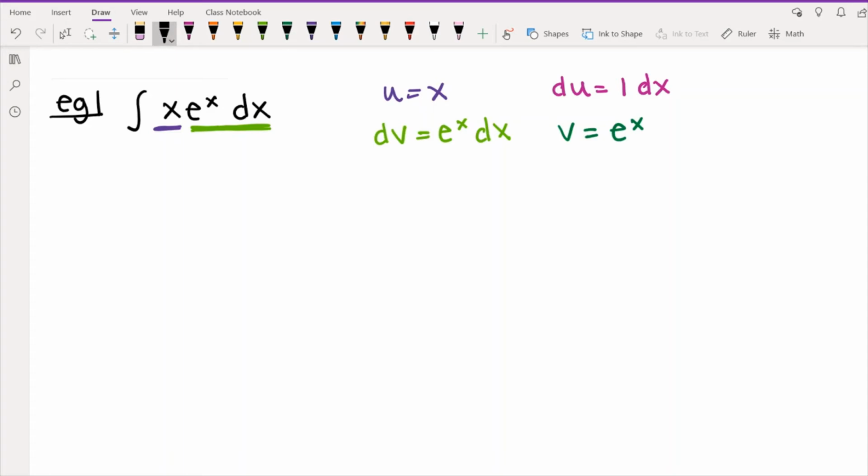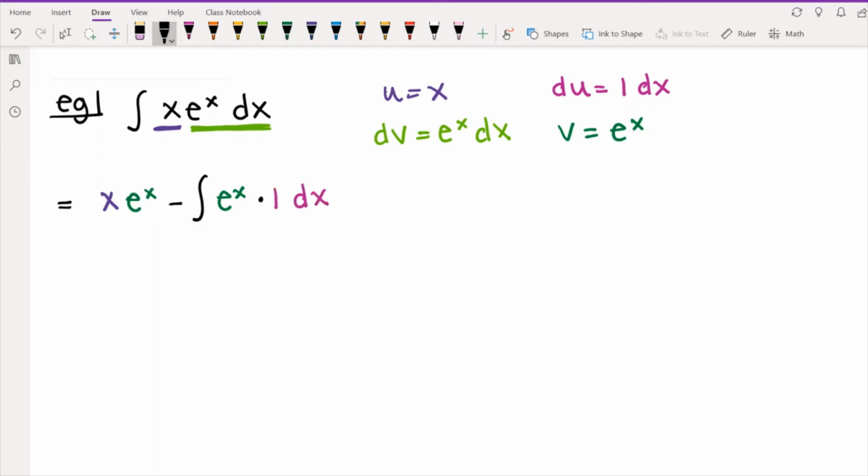And so now we want to put this into the integration by parts formula. So it's u times v, so that's x times e to the x, minus the integral of v du. So that's going to be e to the x times 1 times dx.